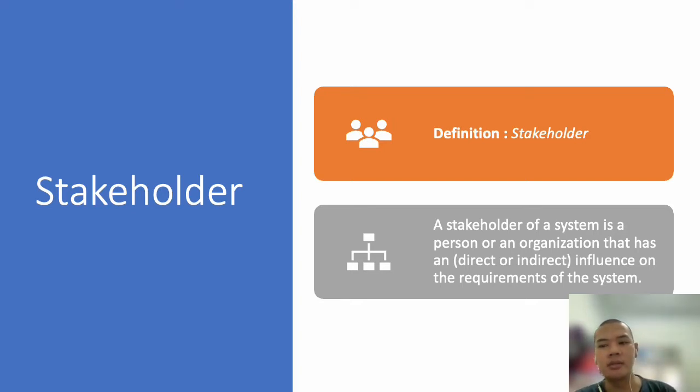Among other things, stakeholders are the most important source of requirements. Not considering a stakeholder often results in fragmentary elicited requirements, for example, incomplete requirements. Stakeholders are those people or organizations that have some impact on the requirements.